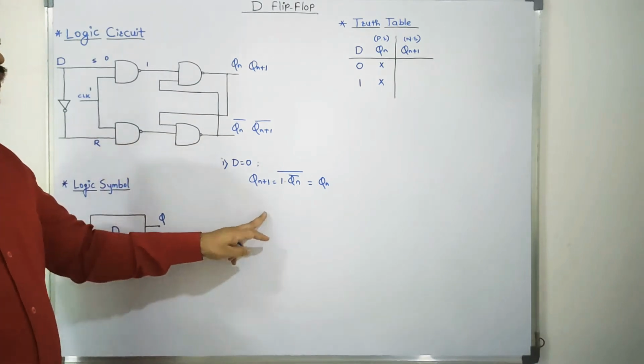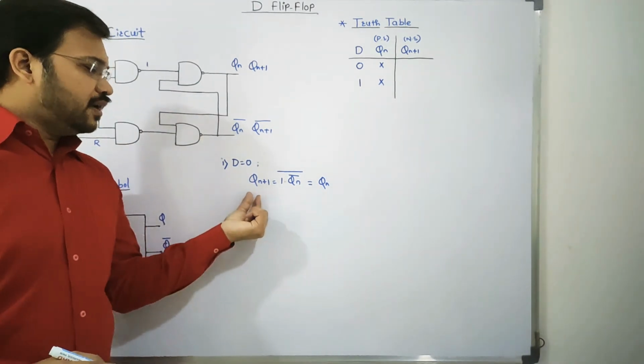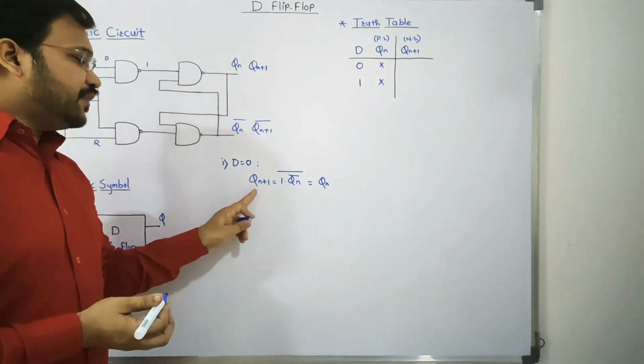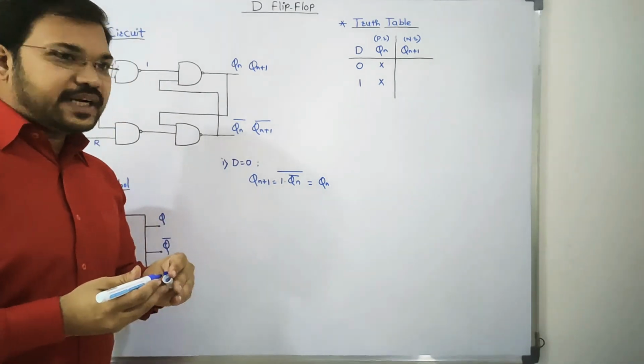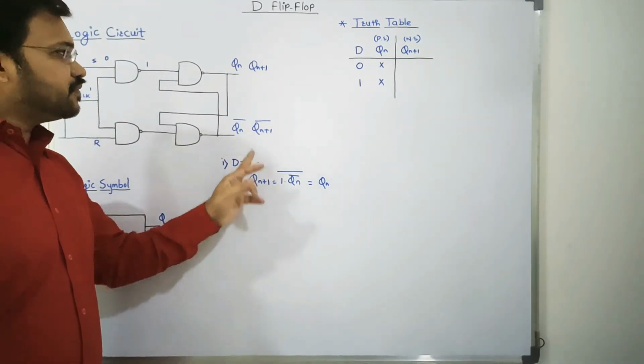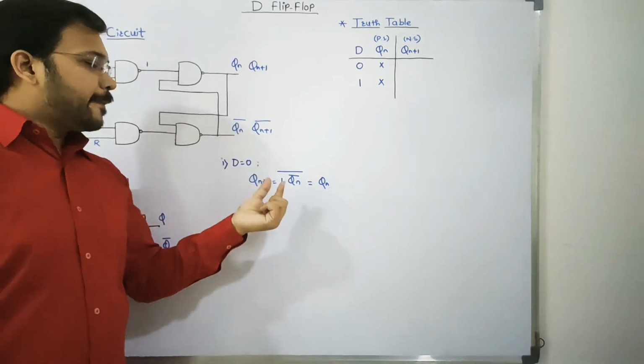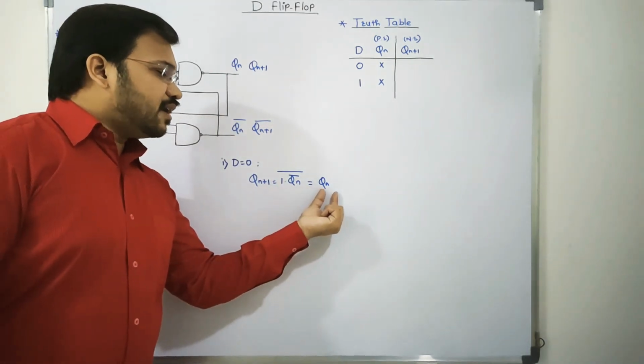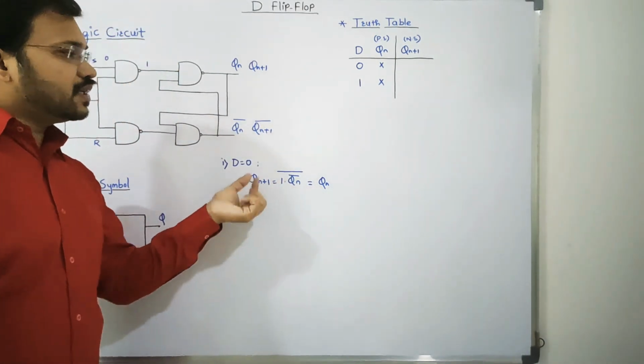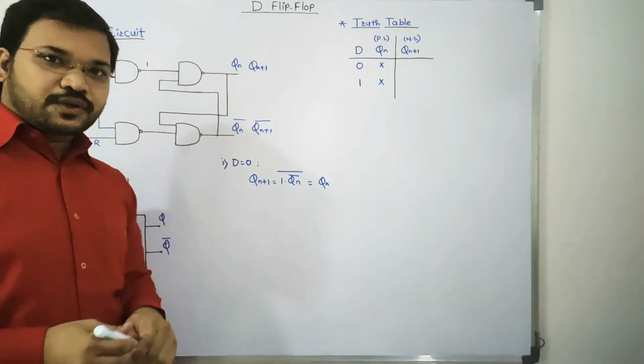So the value here is Qn. When we get this unknown value, we have to go for the complement of this Qn plus 1.